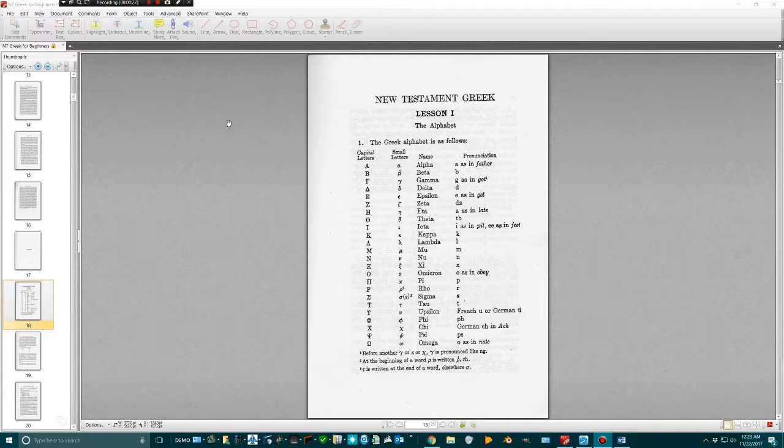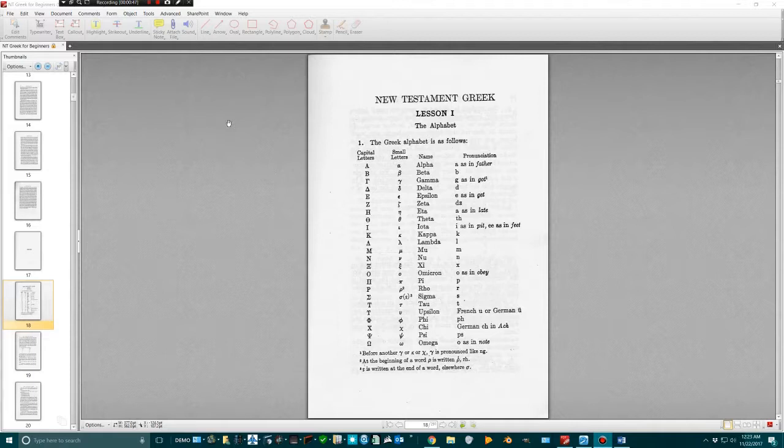The third letter is gamma. Gamma. This is a G as in got. Next letter is delta. Delta. It's the letter D, and notice the hat.